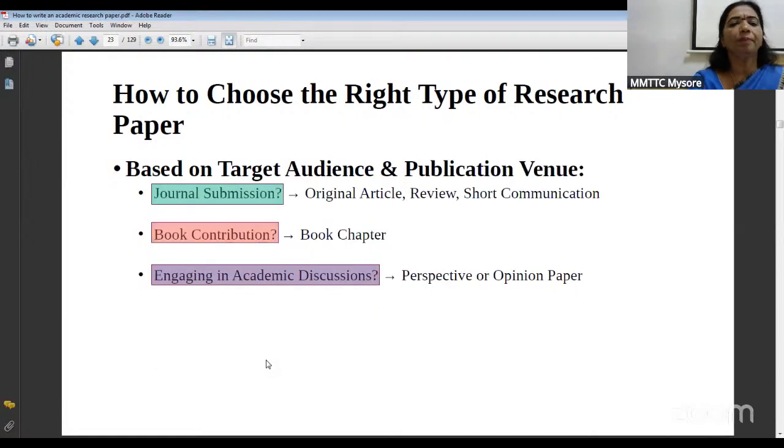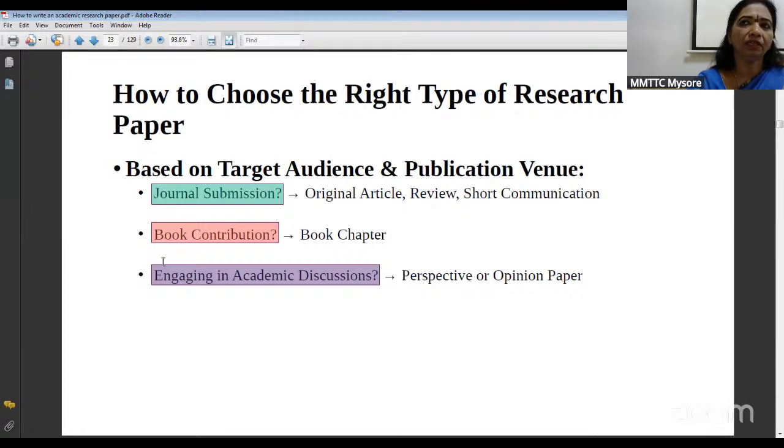Based on the target audience and publication venue, you can also choose a particular paper. Suppose you are aiming at a vast audience, then go for journal submission. Journals will take up original articles, reviews, and short communications.